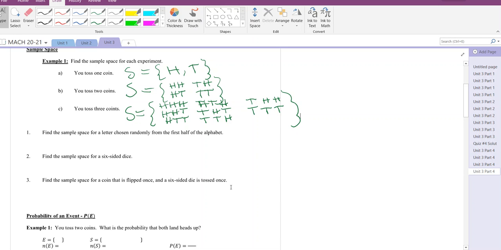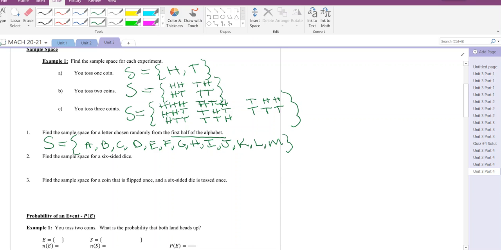Here are some examples. Find the sample space for a letter chosen at random from the first half of the alphabet. There are 26 letters in the alphabet, so half of that would be 13. So you list the first 13 letters of the alphabet, basically all the letters up to M. Then the sample space for a 6-sided die is 1, 2, 3, 4, 5, 6.